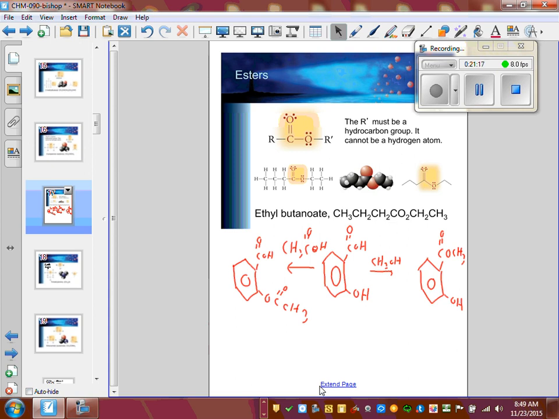If I react it with acetic acid, I get methyl salicylate, which is, anybody know? The first flavor of Lifesaver, when it first came out. Wintergreen. That was one of the ones you had on the smell test, and we all messed up.